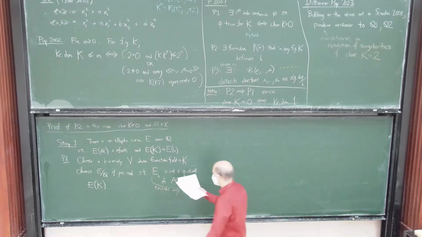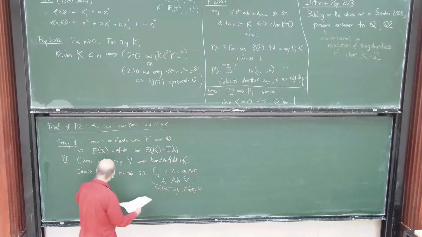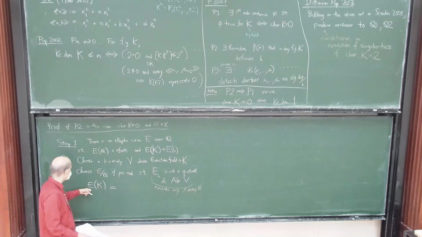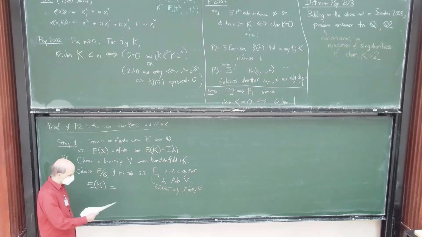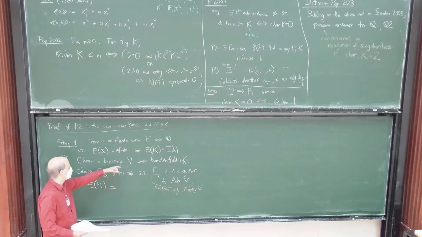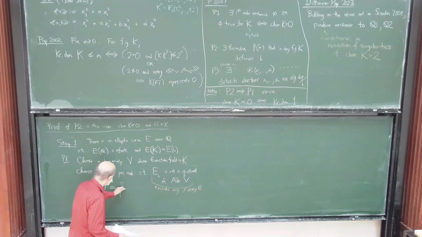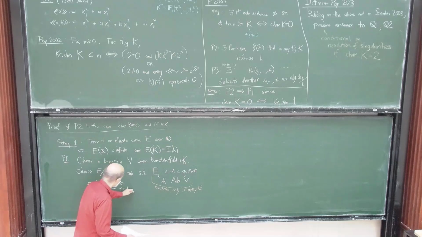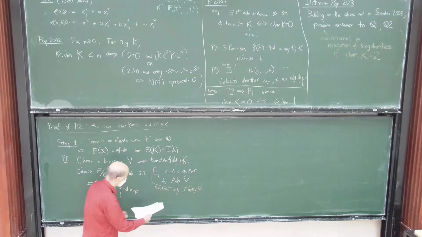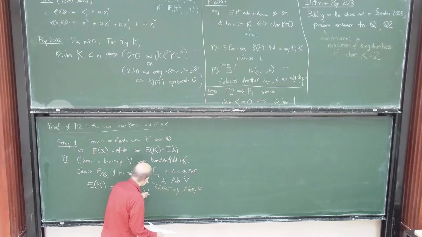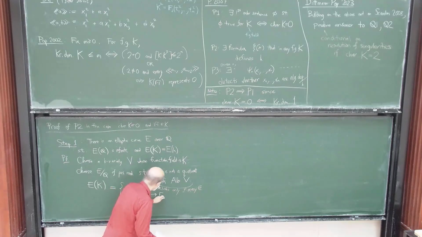Okay, and then E of K. When you take an elliptic curve over a field and look at its points over a function field, that's the same as looking at maps from Spec K to E. And Spec K is the generic point of V. So tautologically, it's the same as taking rational maps from V to the elliptic curve over the constant field.